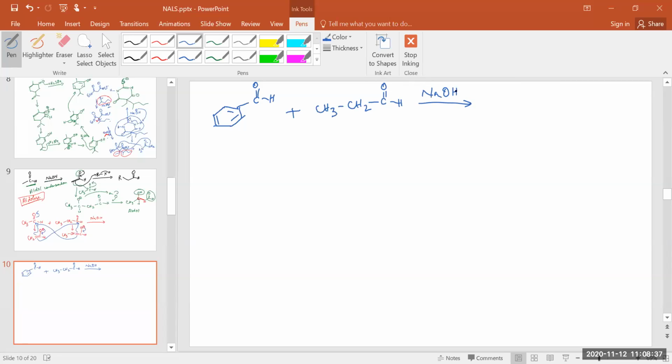You see, in this case, this benzaldehyde cannot make enolate, because there is no hydrogen on the alpha carbon. So no enolate. If there is no hydrogen on the alpha carbon, then there is no possibility of enolate formation. This can make enolate like this, CH3CH=CH, O minus.